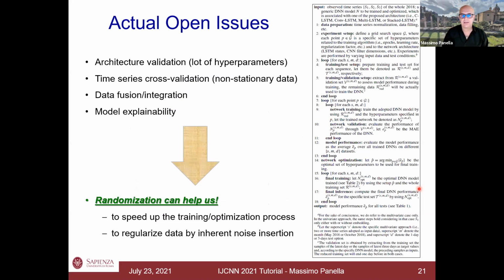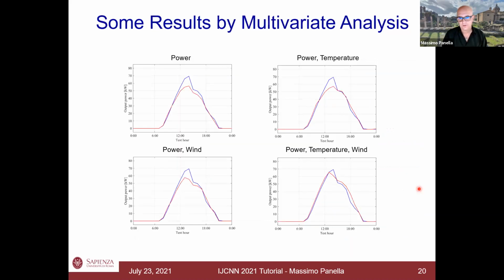The problem is that cross-validation is very critical, especially for non-stationary data, because if I have a training set of a number of days, photovoltaic power strongly depends, for example, on clouds and rain. Okay, if I try to cross-validate on the day before, and the day before was raining, the behavior of this training set will be very different from the other set.